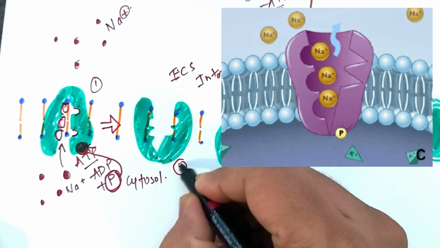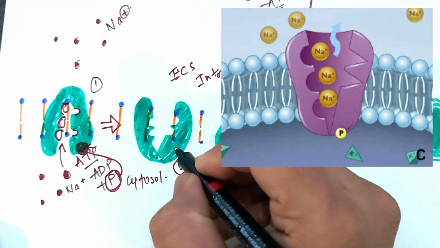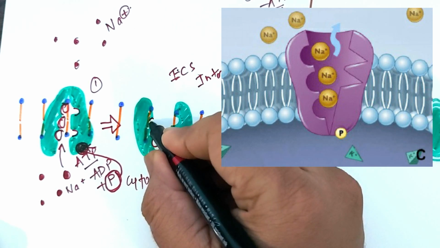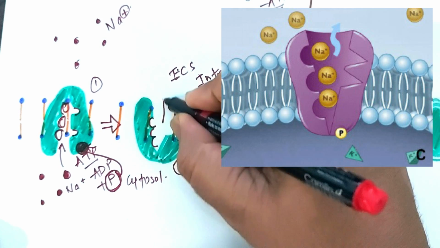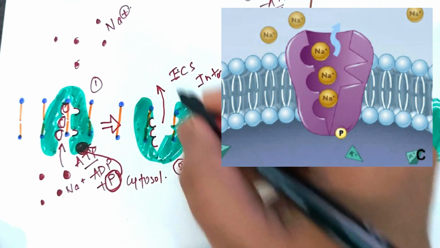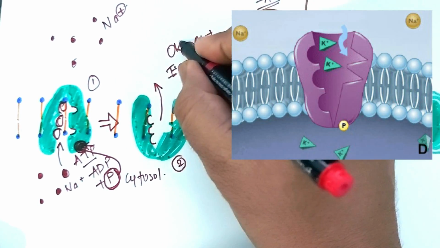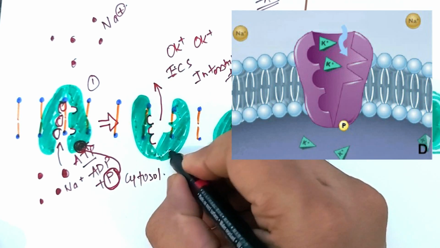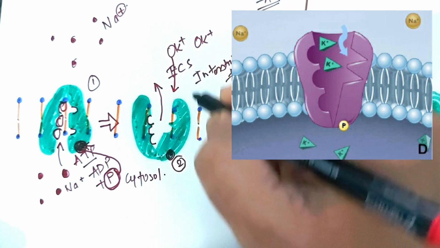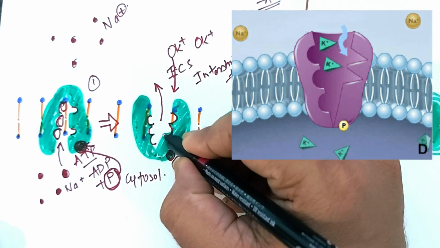In the second step, it opens up and these 3 sodium ions go outside of the cell, and 2 potassium ions, remember the phosphate is still here, these 2 potassium ions come and sit over the receptor sites here.